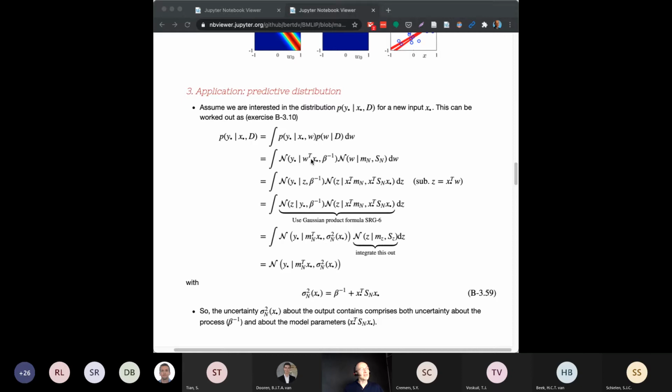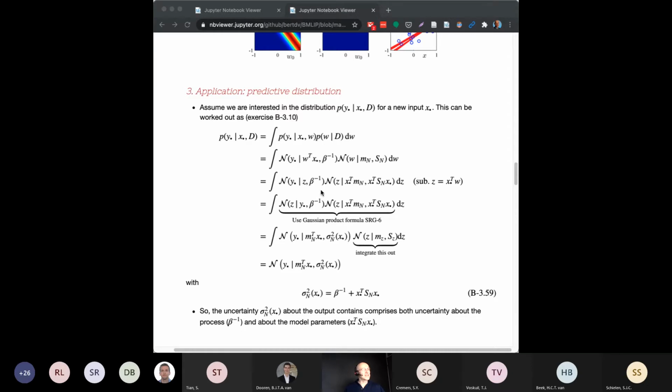As you see, there is a w here and a w here, so it should be possible. And we do that basically in two stages. One is we substitute z equals, well, the inner product of x bullet and w, and we substitute that here. That means this distribution can be written as this distribution, and here w^T x can be written as z.